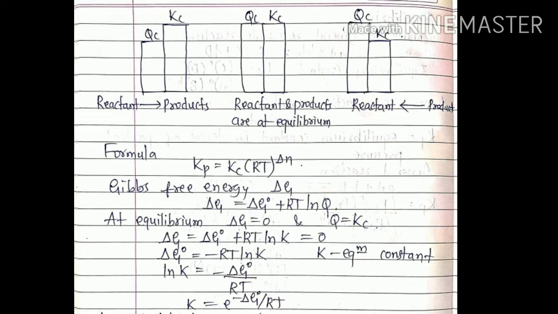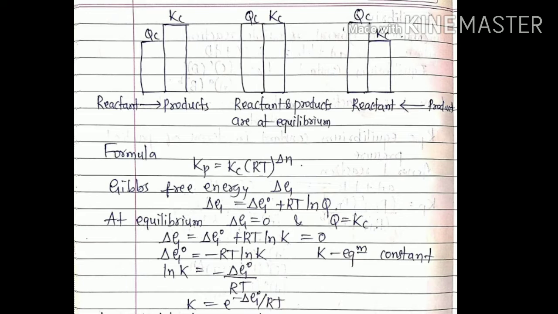Qc is the reaction quotient and Kc is the equilibrium constant. If Kc is greater than Qc, the reaction is forward. If Qc and Kc are the same, the reaction is at equilibrium. If Qc is greater than Kc, it is a backward reaction. The formula: Kp is equal to Kc (RT) raised to delta n.